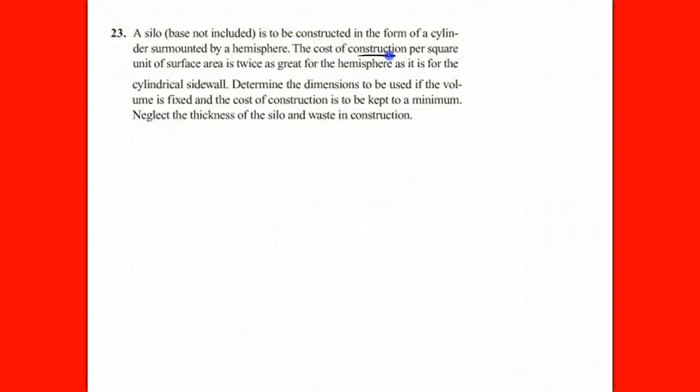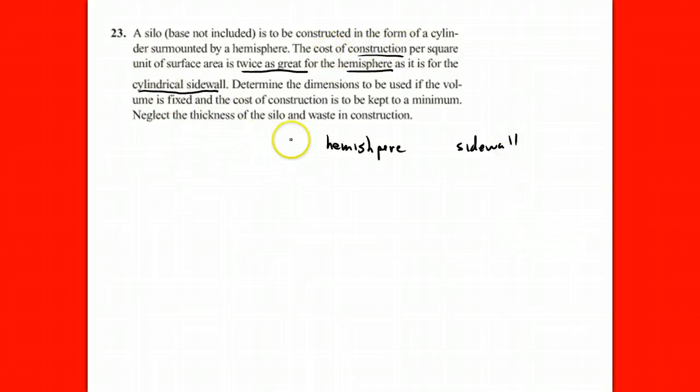But let's say the cost of construction per square unit of surface area is twice as great for the hemisphere as it is for the side wall. So we have a hemisphere and then a side wall, and the cost per unit of surface area is twice as great for the hemisphere as it is for the sidewall.